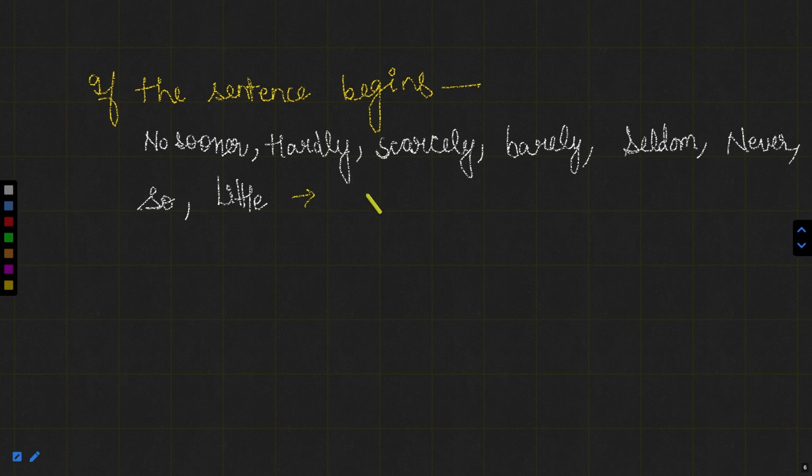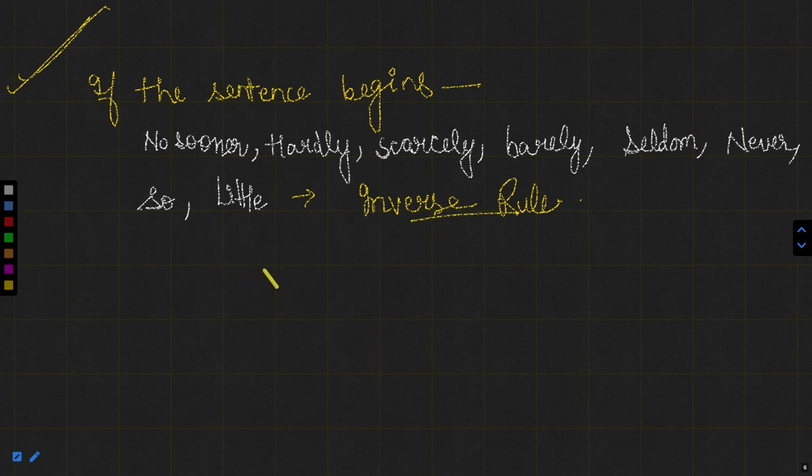We should use the inverse rule. Okay, we should always use the inverse rule, and this is very, very important, and many times errors occur from this part of the concepts. If the sentence begins with any of these words, we have to apply the inverse rule.